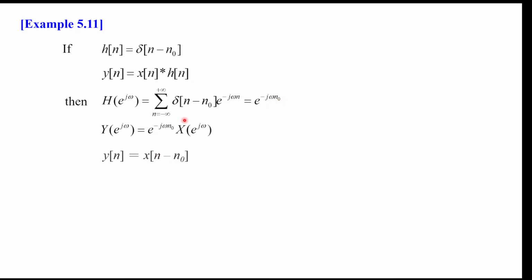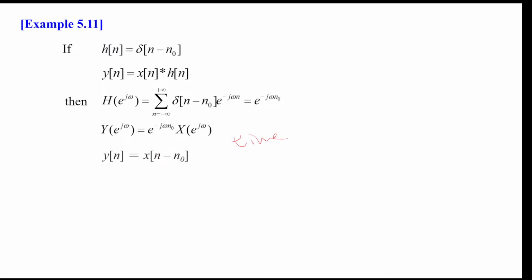Okay, and so in the frequency domain, you just have big Y equal to e to the minus j omega n0 times big X of e to the j omega, and just like in the continuous time case, you try to inverse Fourier transform back to y of n, and you see that this is just the time shift property.